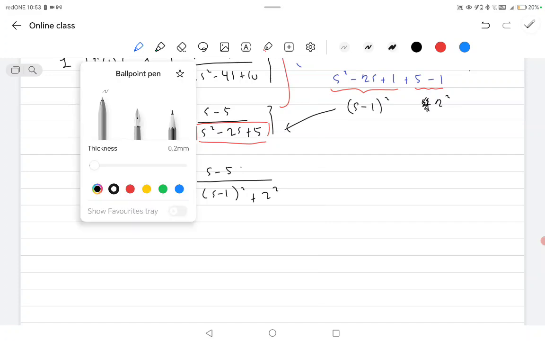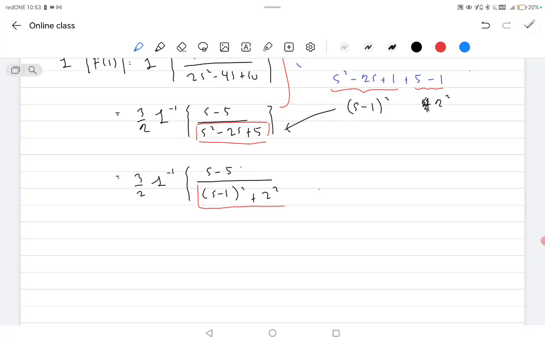But basically, this one we already proved is similar to this one.